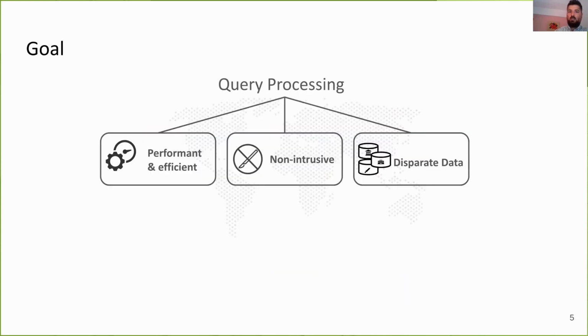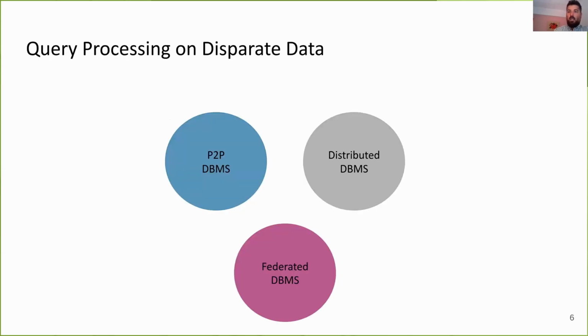And what we need from today's systems is, of course, good runtime performance, little resource consumption, being non-intrusive to existing systems, and processing these queries on disparate data. There are quite some approaches out there that tackle some parts of this goal. Now I'm going to walk you through each of them and discuss why they're not a good fit.